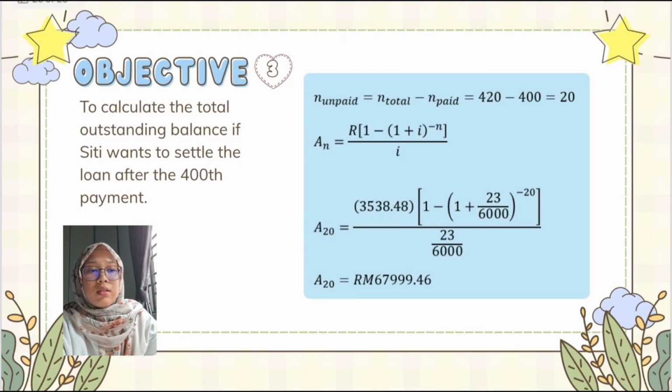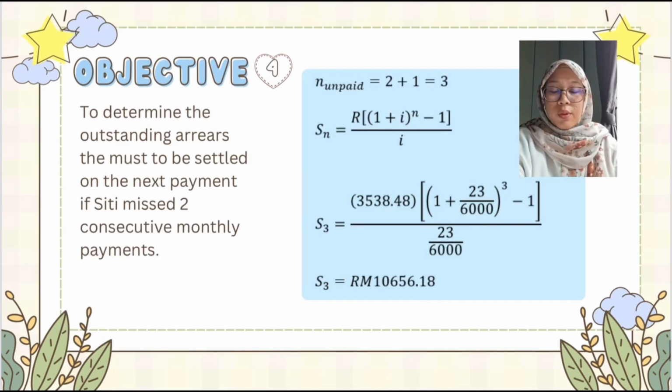So the final answer is A20 equals 67,999 ringgit 46 cents.